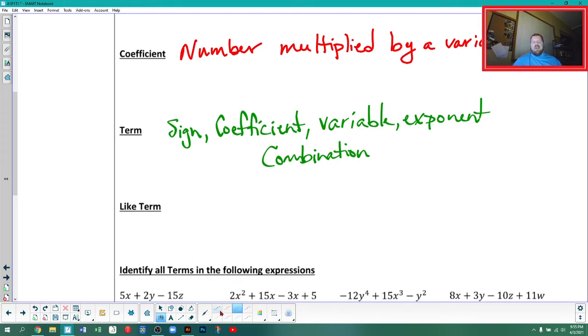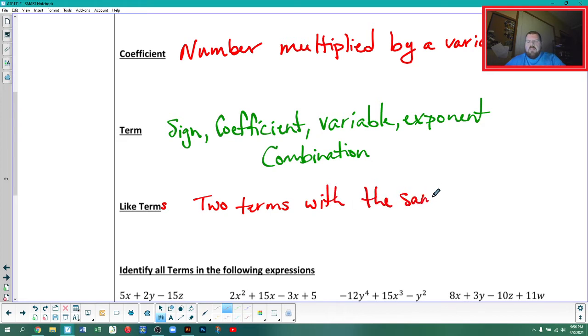And then a like term, or like terms, I might say, is something that has two terms, let's phrase it that way, two terms with the same variable and exponent combination.